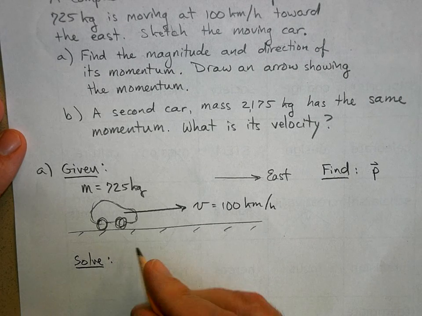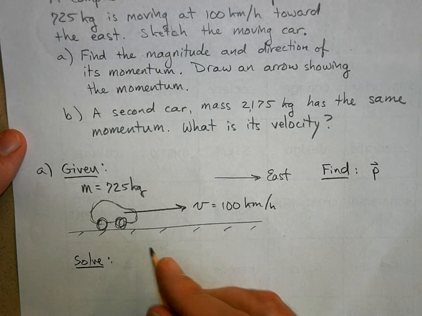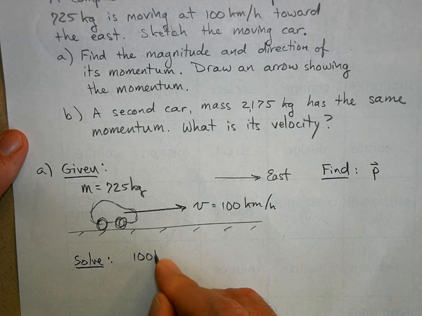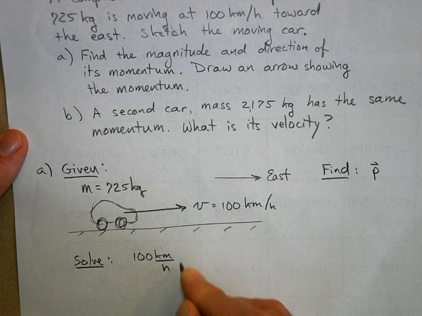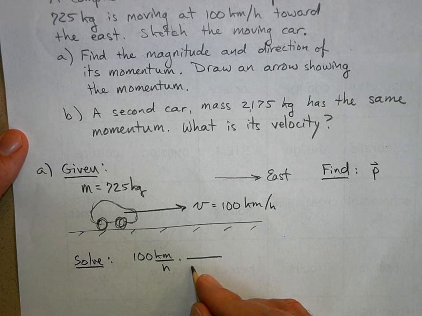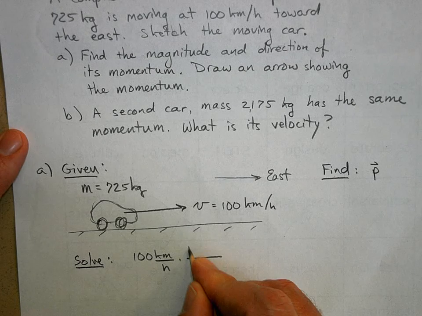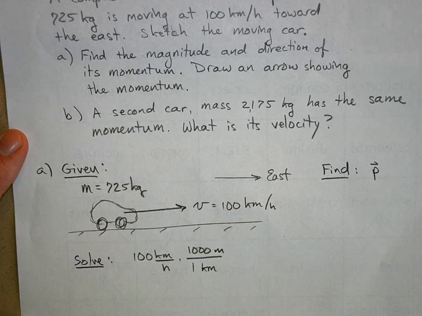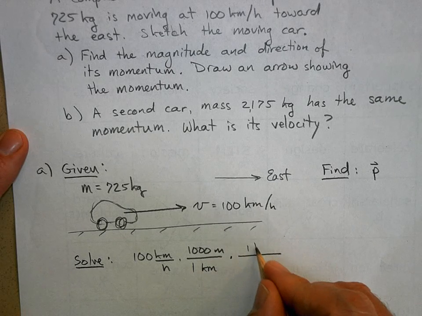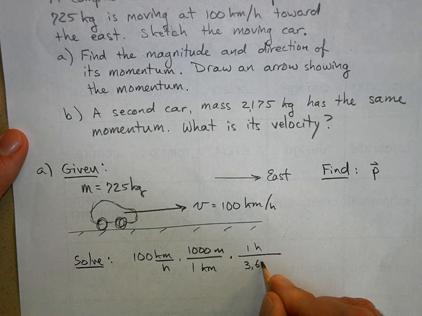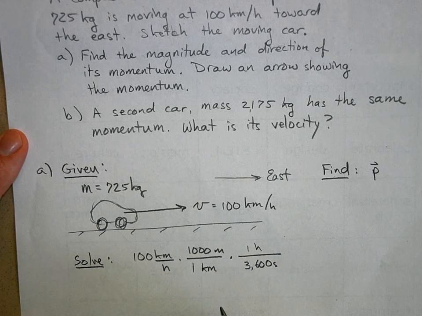Well, first, let's change its velocity into meters per second. We have 100 kilometers per hour. 1 kilometer is 1,000 meters. And we want to get rid of hours, so we know that 1 hour is 3,600 seconds.